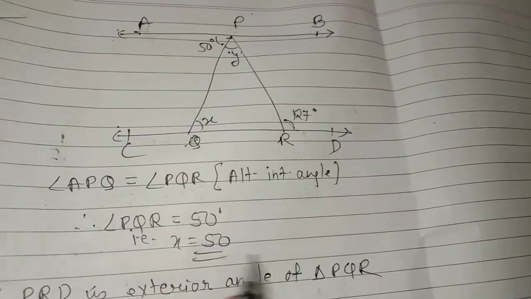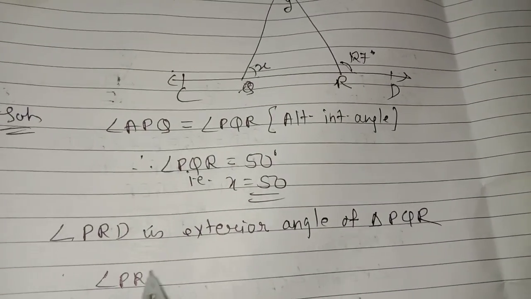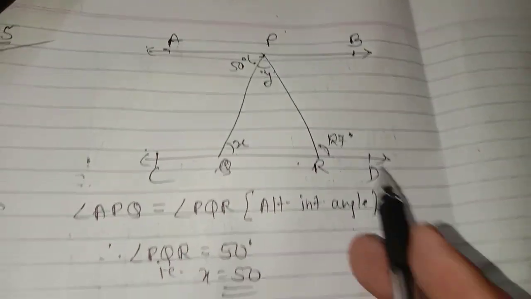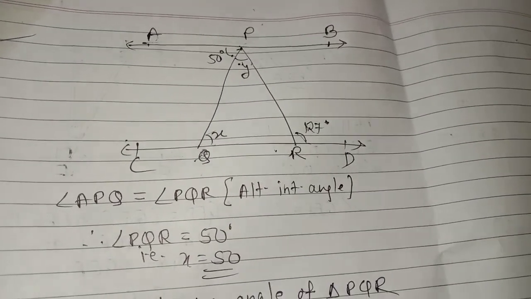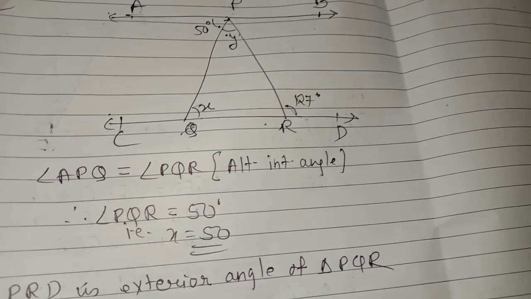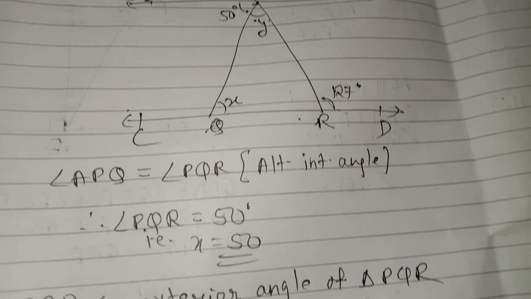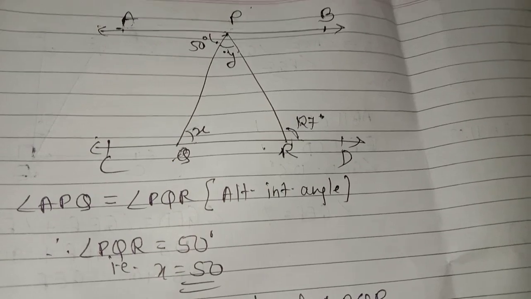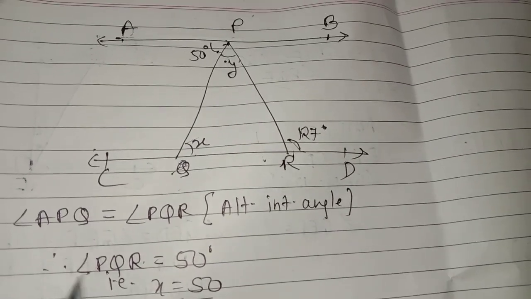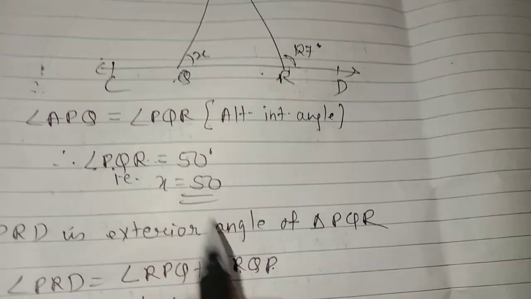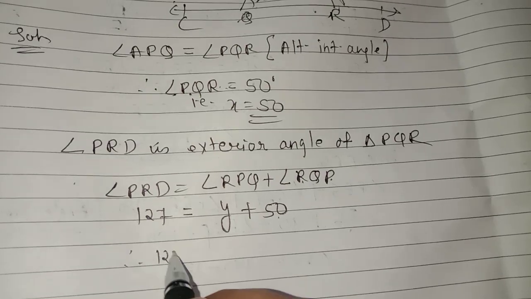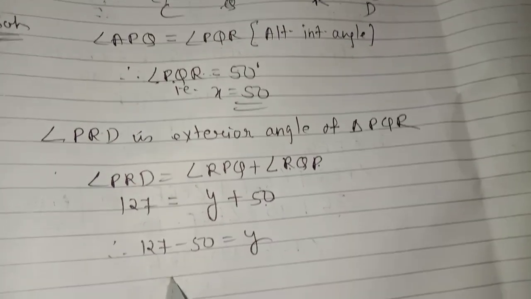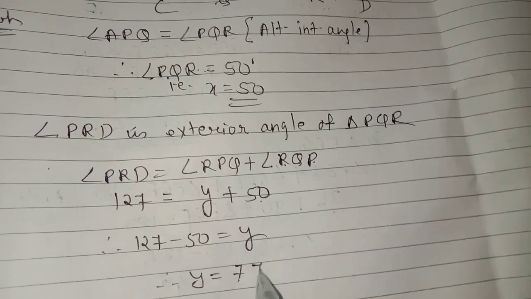So I can write angle PRD is equal to angle RPQ plus angle RQP. PRD is given as 127, the value of RPQ is Y, and RQP, that is PQR, we got here as 50. So simply I will transfer 50 to this side. I will get 127 minus 50 is equal to Y. Therefore Y is equal to 77.